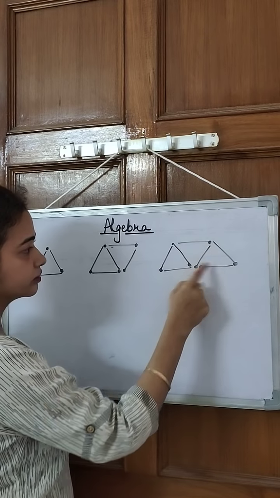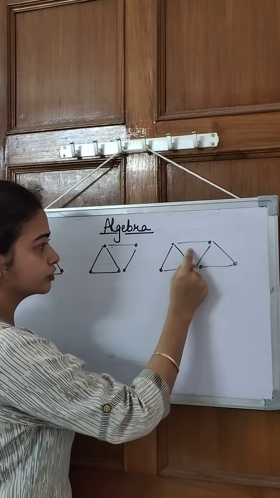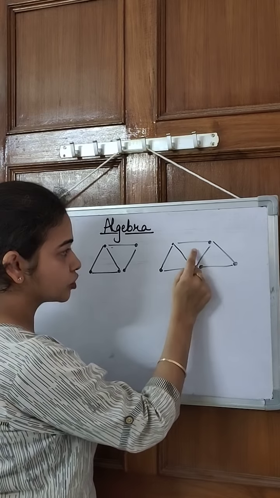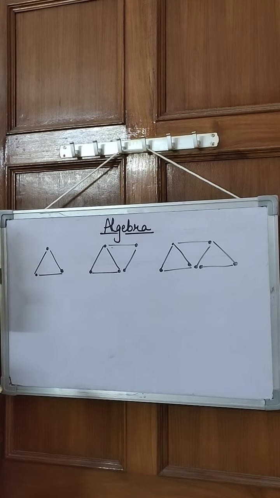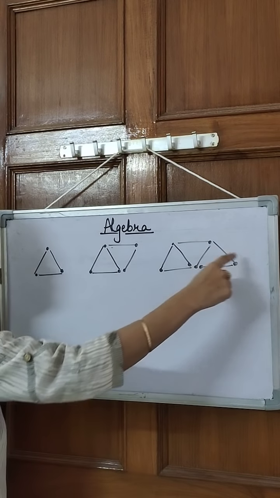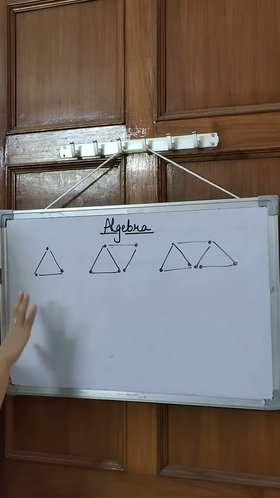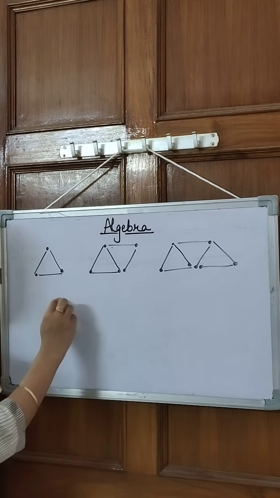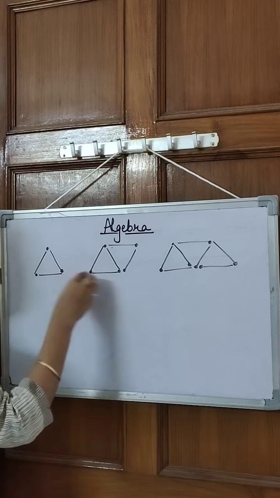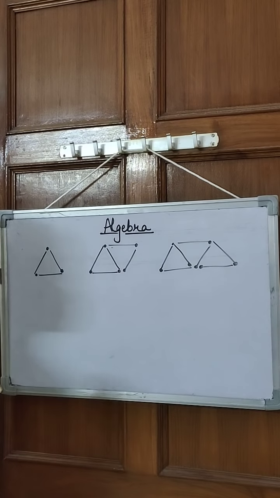When I am drawing 3, this stick is common for these 2 triangles and this stick is common for these 2 triangles. So I am decreasing the number of sticks every time, and then continuing with my pattern. Here the pattern will not be in general 3 3 3 3. Here the pattern is changing.